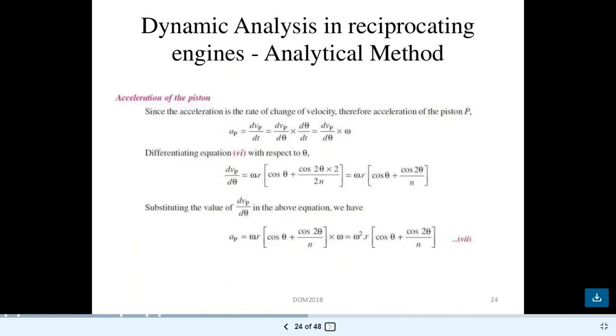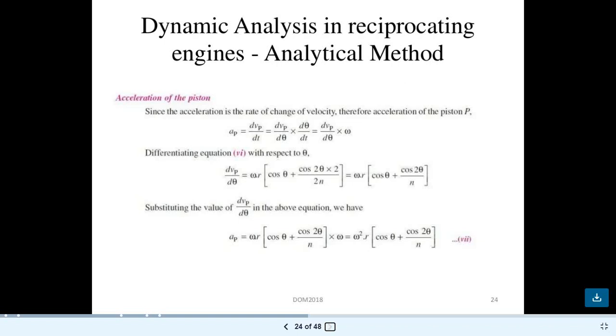Similarly, we differentiate the velocity with respect to time to get the acceleration, dVp divided by dt. The variable is theta, so we multiply and divide by d theta. It becomes dv by d theta into d theta by dt, and d theta by dt is omega.